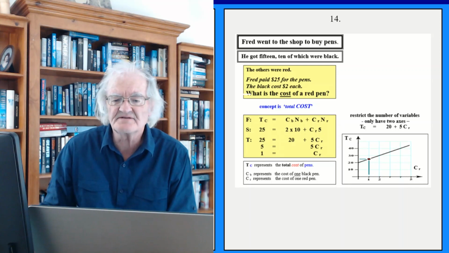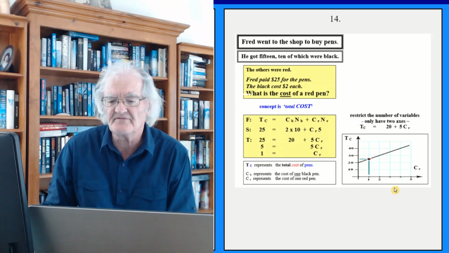In this case, we have our problem, we have turned it into a solution, and here is a possible graph which will illustrate it. This time I'm illustrating the relationship between total cost and the cost of red pens. There is the cost of the black pens.